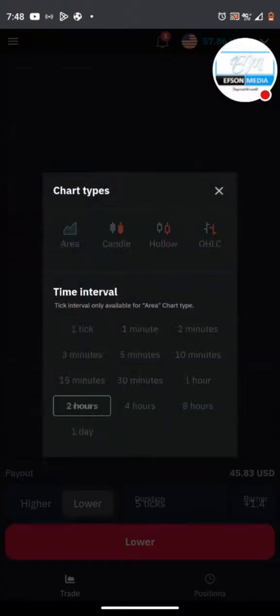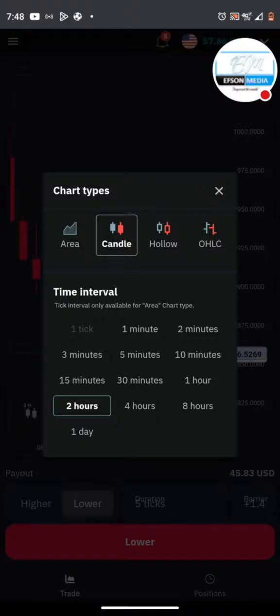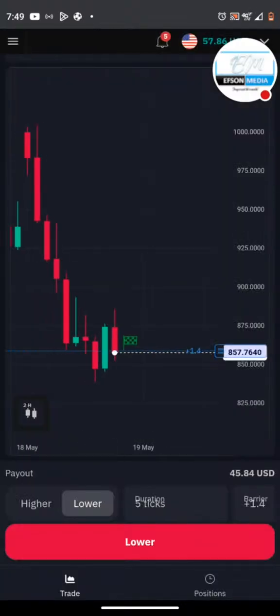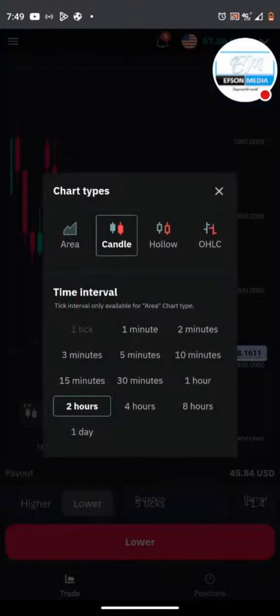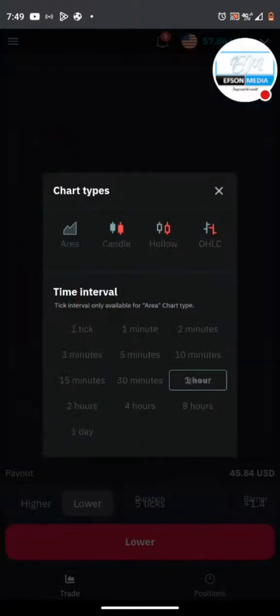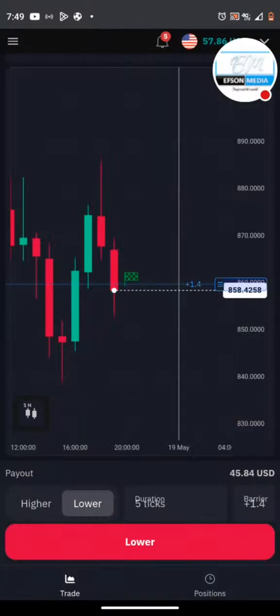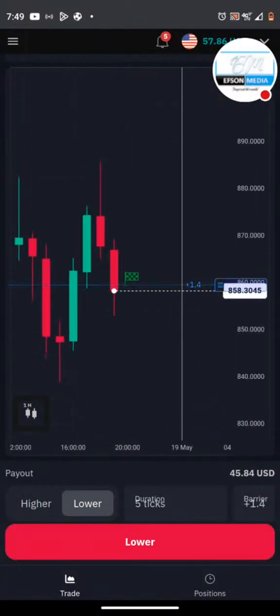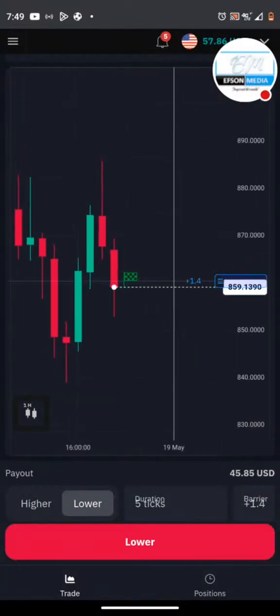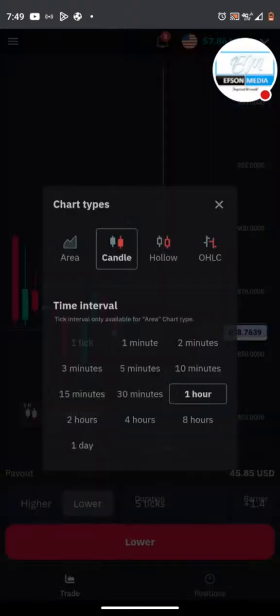You can even check the 2-hour. The bears are also pushing down. When I say the bears, the red candles, they are pushing down. For 1 hour, the bears are also pushing down. The red candles are pushing down.